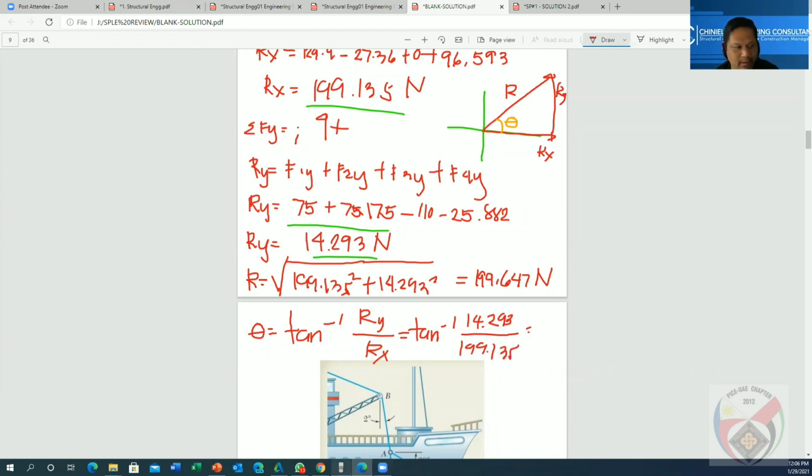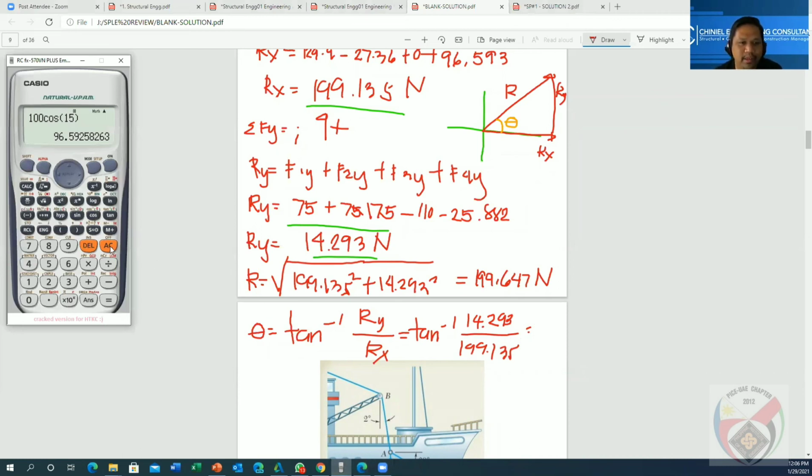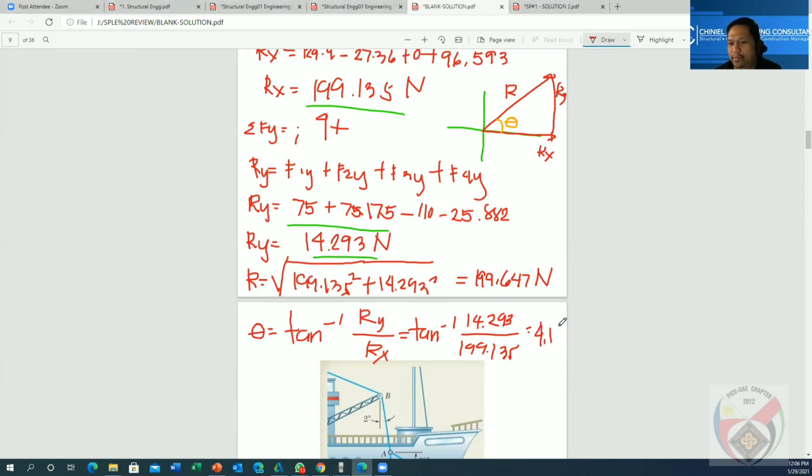Okay, let's see if we get 4.1. We'll see. So 14.293 divided by 199.135, then the arc tangent of the answer. So 4.1. You are really the best. So 4.1 degrees. Correct. Great. You've passed the design already.